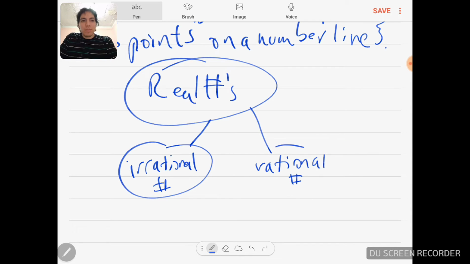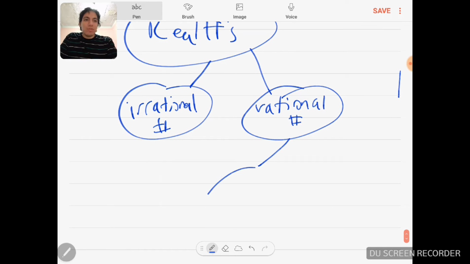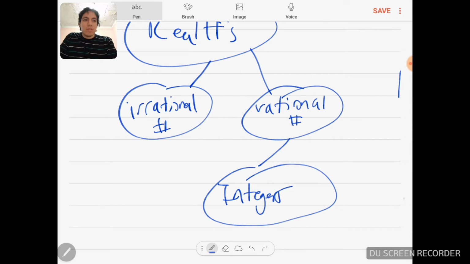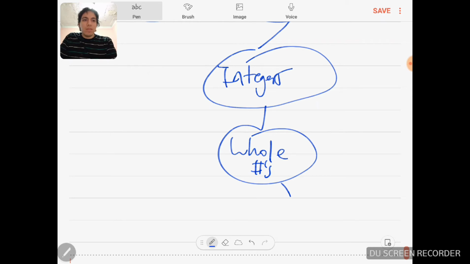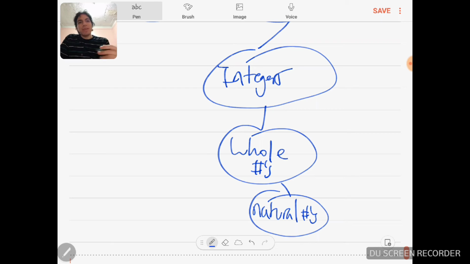I'm just trying to write this here. From the rationals, you have integers. Then you have whole numbers. And finally, you have the little natural numbers. So it's kind of cool to think of infinity in these types of ways.